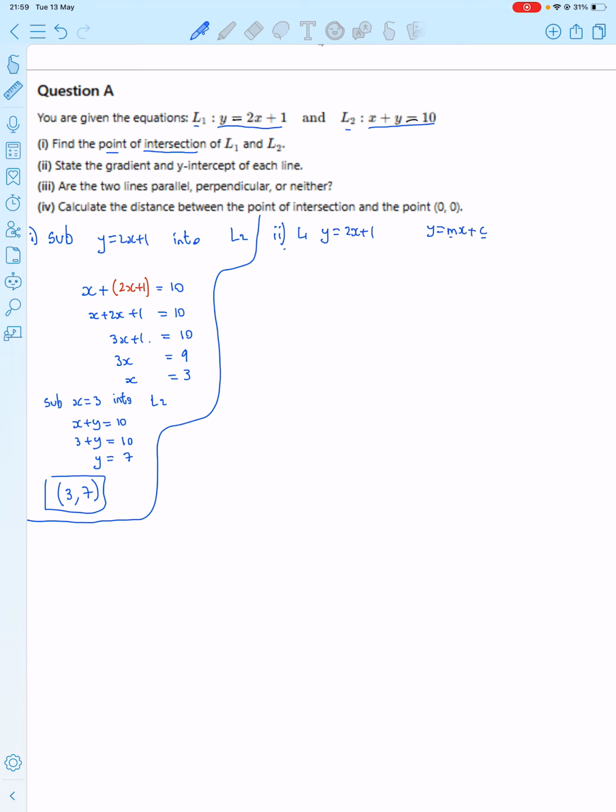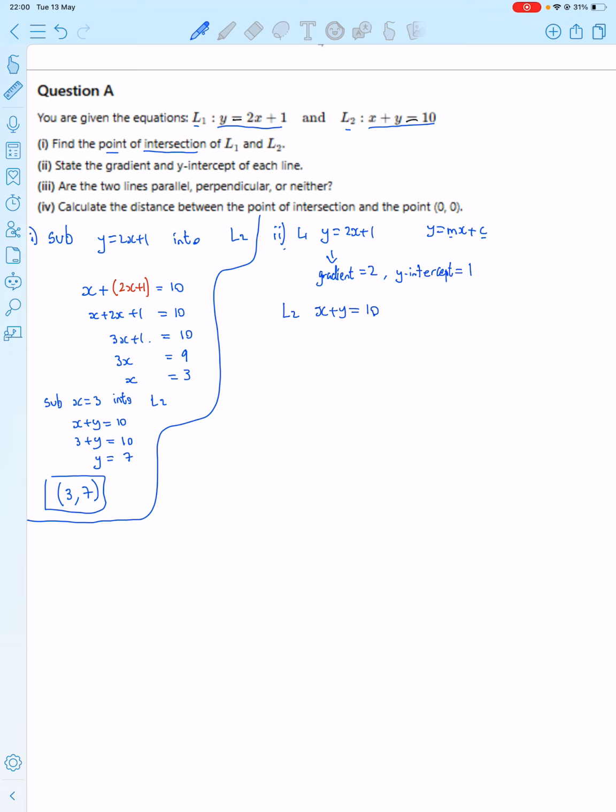So in this case, the gradient equals 2, and the y-intercept is equal to 1.